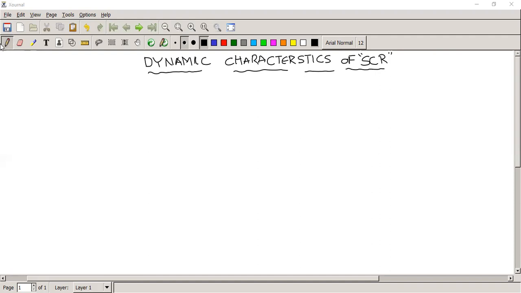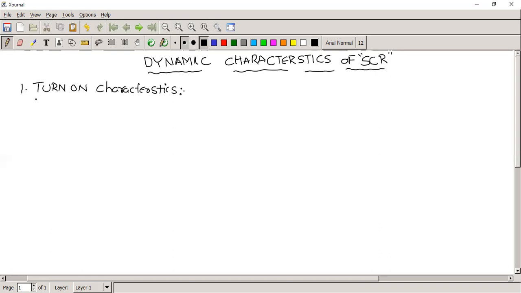One is, first one is turn on characteristics.